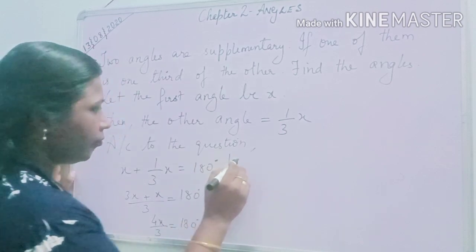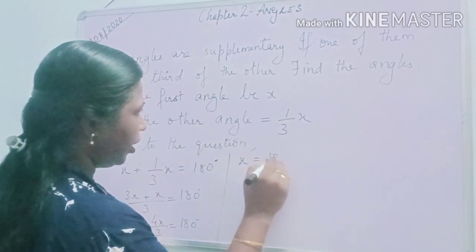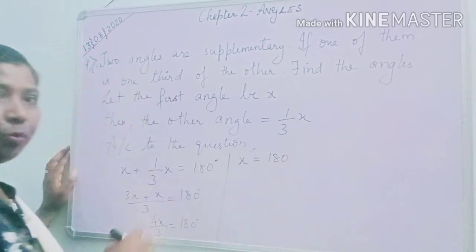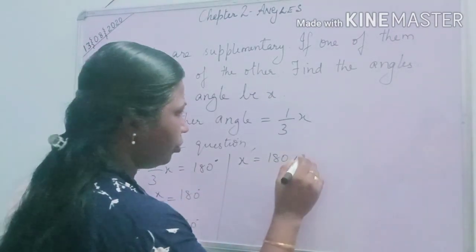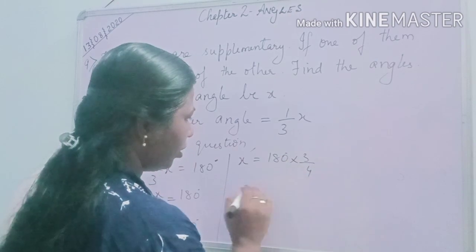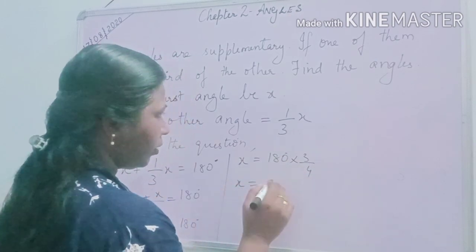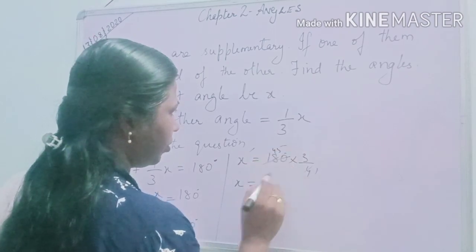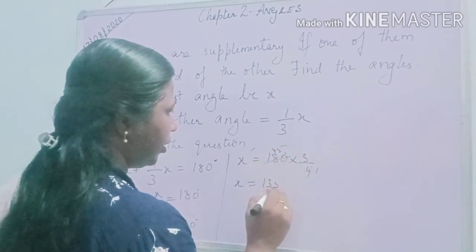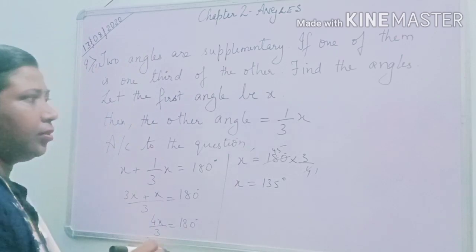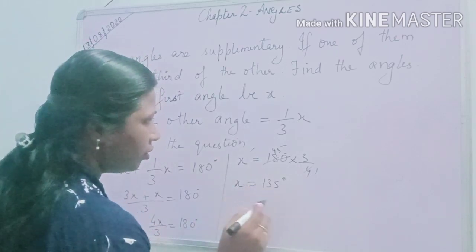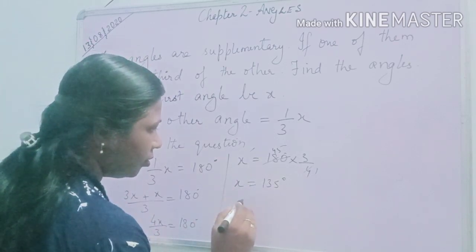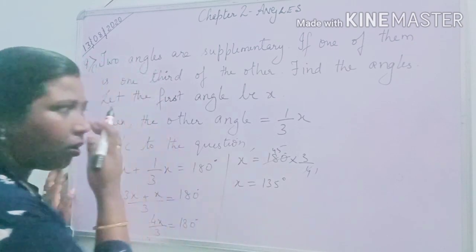Then we will get x is equal to 180 times the reciprocal of 4/3, which is 3/4, that is equal to 45 into 3, which is 135 degrees. So we got the first angle.